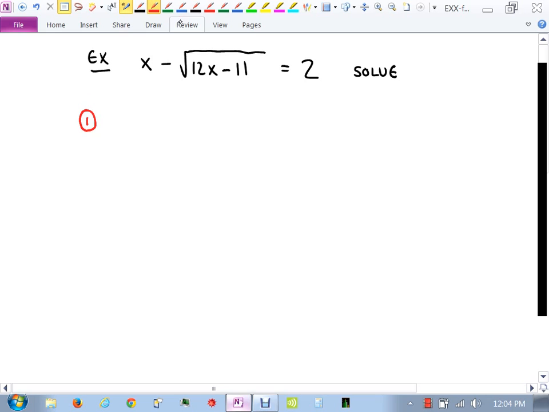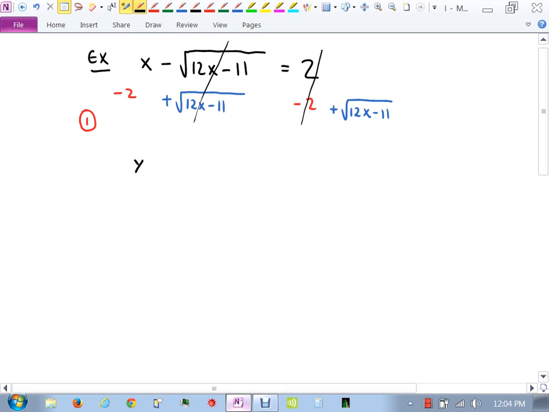So let me see if I can do this all kind of in one step. I'm going to add this root to both sides. But then at the same time, I'm going to subtract 2 on both sides. So my 2's will cancel on the right side, and my roots will cancel on the left side.